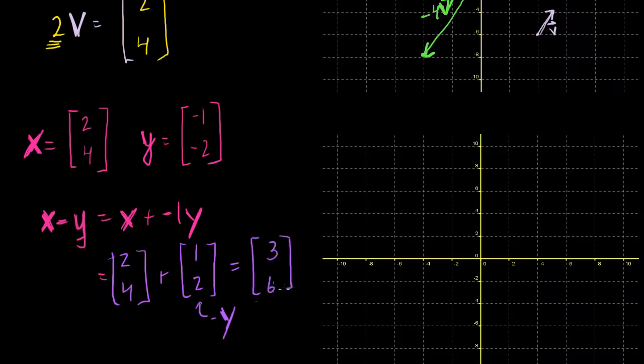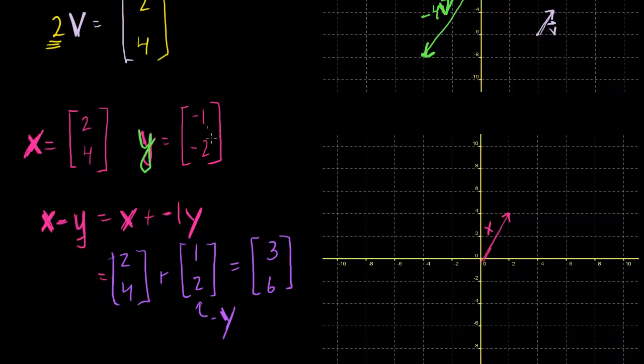So let's see what that looks like when we visually represent them. Our vector x was (2, 4). In standard position, it looks like this. That's my vector x. And then vector y in standard position, I'll do y in green.